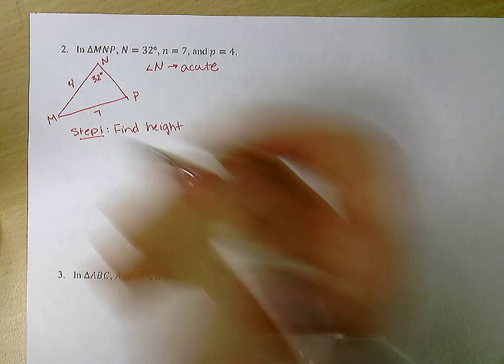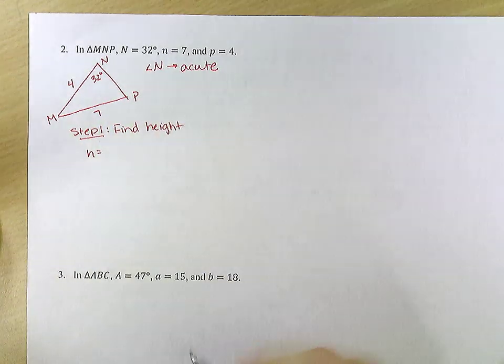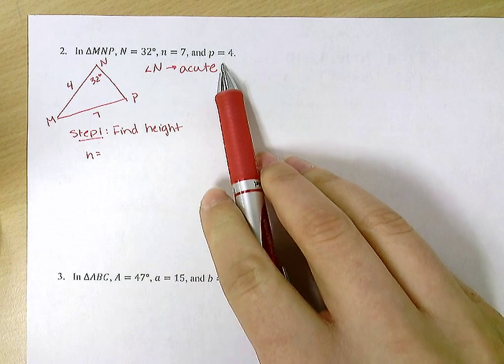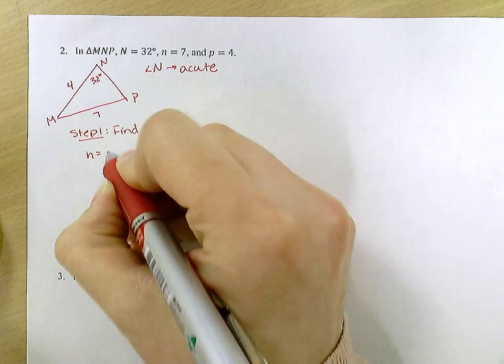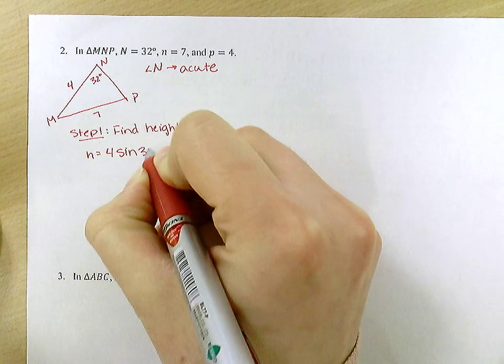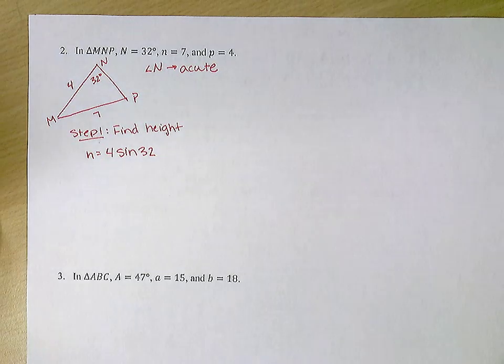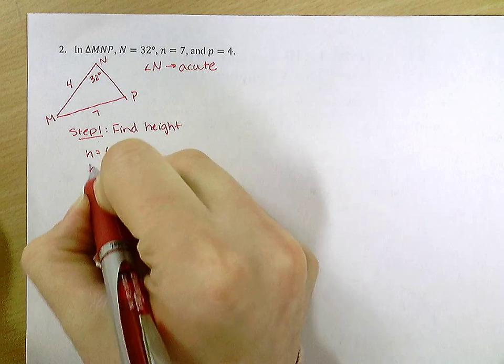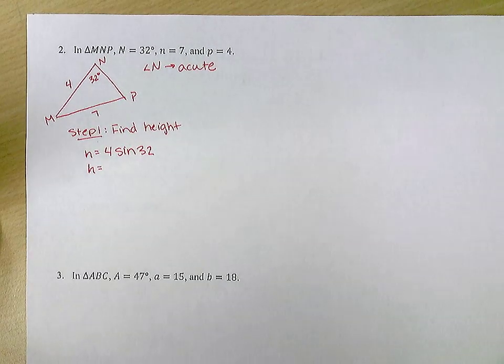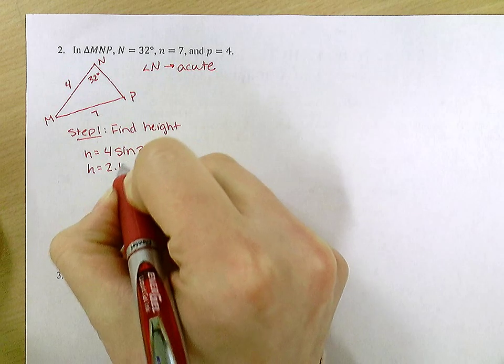Okay, so h is equal to the side not across from our angle given, which is 4, multiplied by the sine of the angle that you're given. Okay, so I'm just using that equation from the front. So our height, or h, once you plug that into your calculator, is about 2.12.